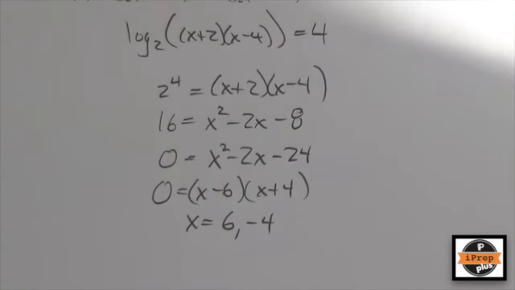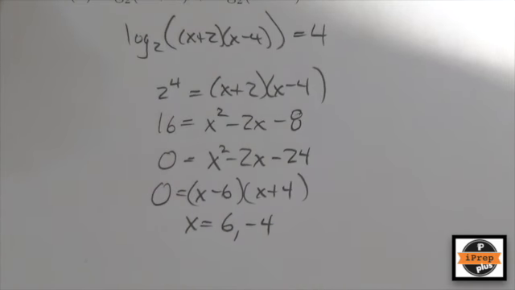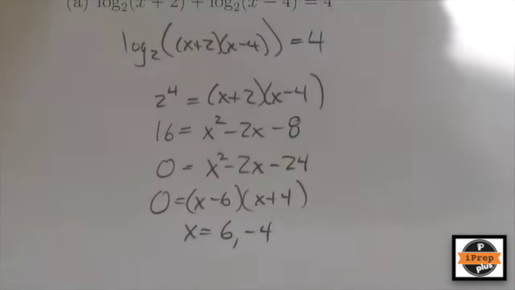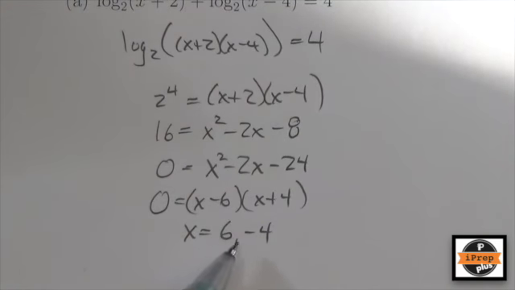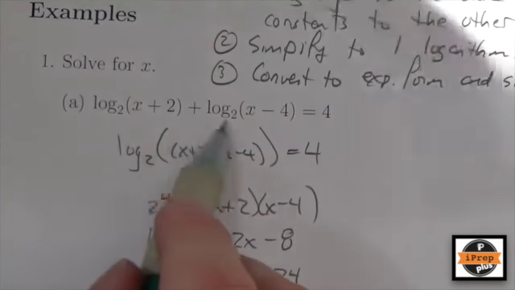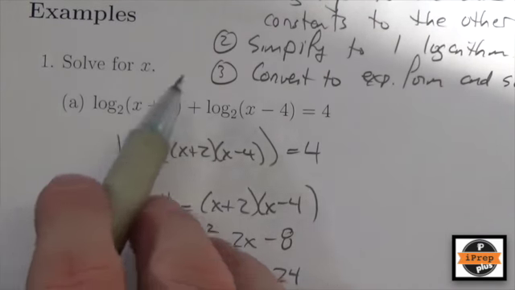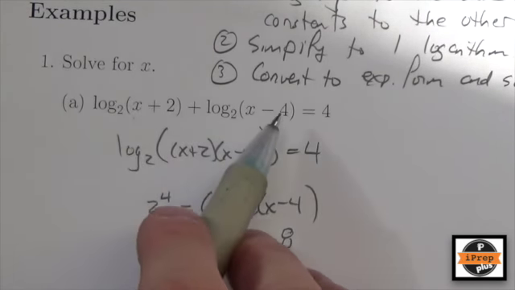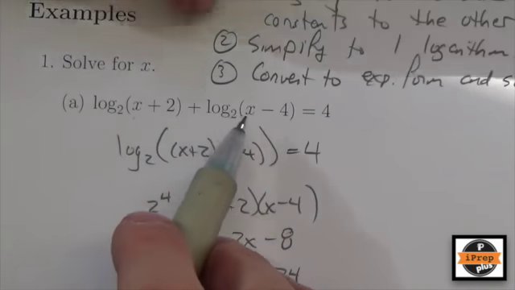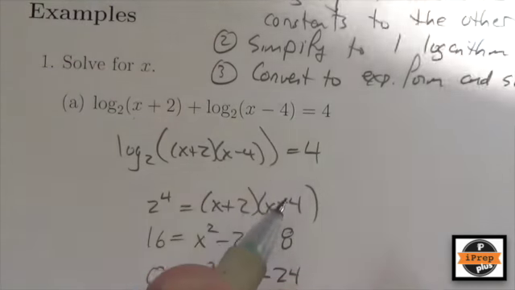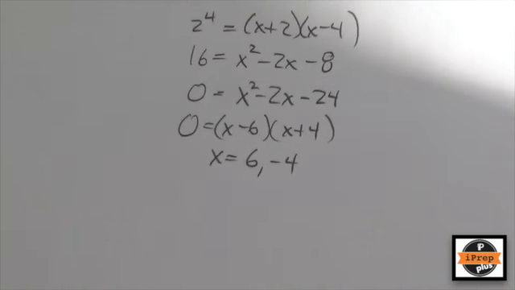Great. Now, I've got to check my answers though, because it is not always the case that all of these solutions work. But the check is actually pretty simple. Let's take 6 back up into the original expression. 6 plus 2 is 8, if I plug it into this argument. 6 minus 4 is 2. Both of those end up with positive arguments. That's acceptable.